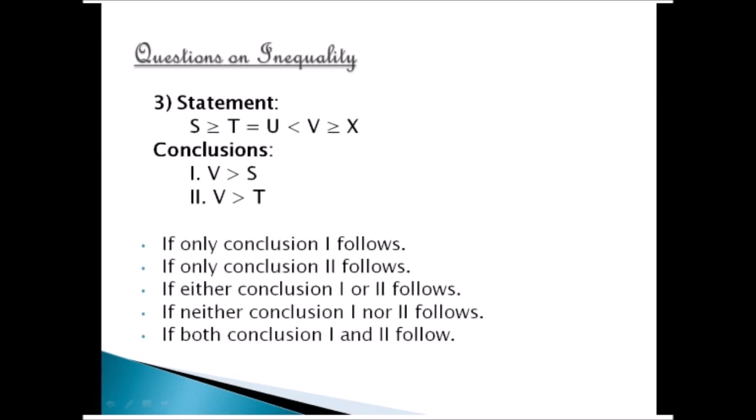In question number 3, conclusion first says V to S. That means starting from V and the destination is S. So if I move to V, then I can move from V to X as well as V to U. But my destination point is S, so I have to choose this path.